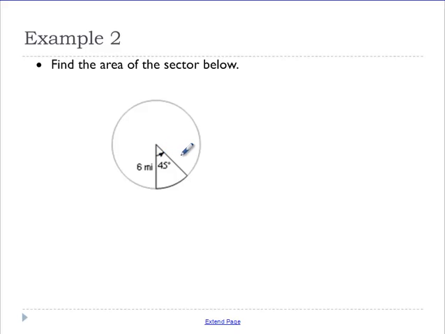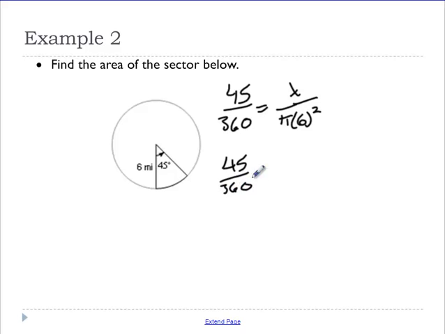So let's find the area of the sector below. Let's actually try that formula. So we have degrees over 360 equals sector area, which we don't know, over 2 pi, oops, I mixed up my formulas. Pi r squared, 6 squared. So 45 over 360, if you want to simplify that you can.